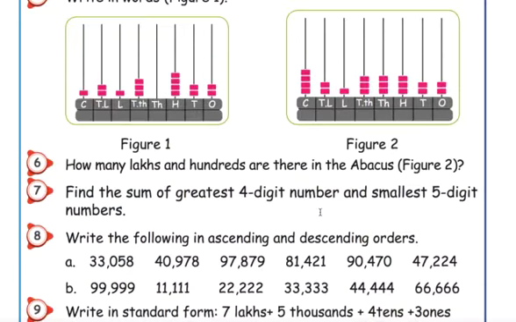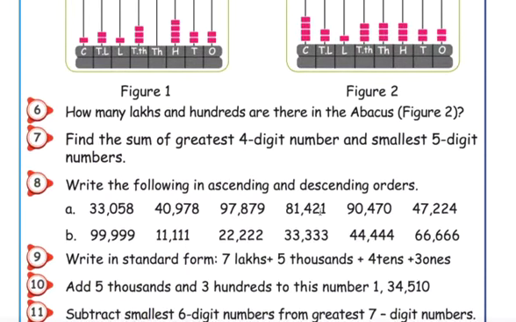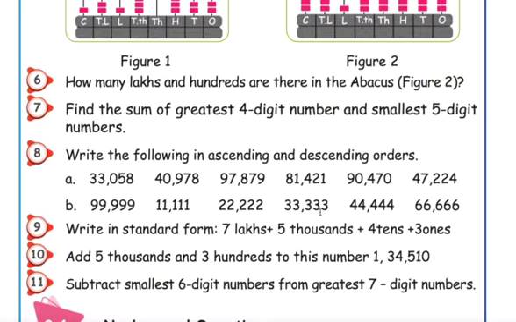3 hundreds. Okay. Find the sum of greatest 4-digit number and smallest 5-digit number. The greatest 4-digit number is 9999. Now you have to add it with the smallest 5-digit number. This is 1, after that 4 zeros. What is the sum then?